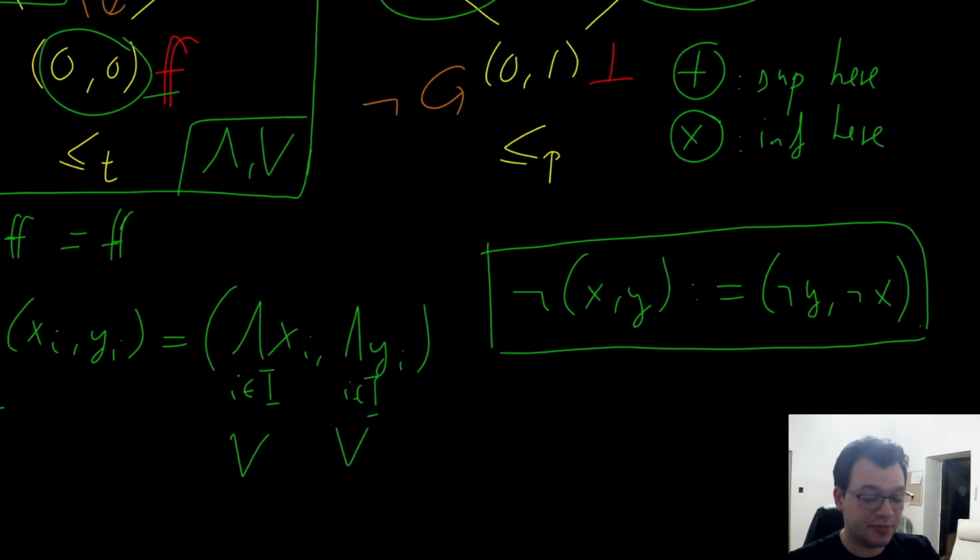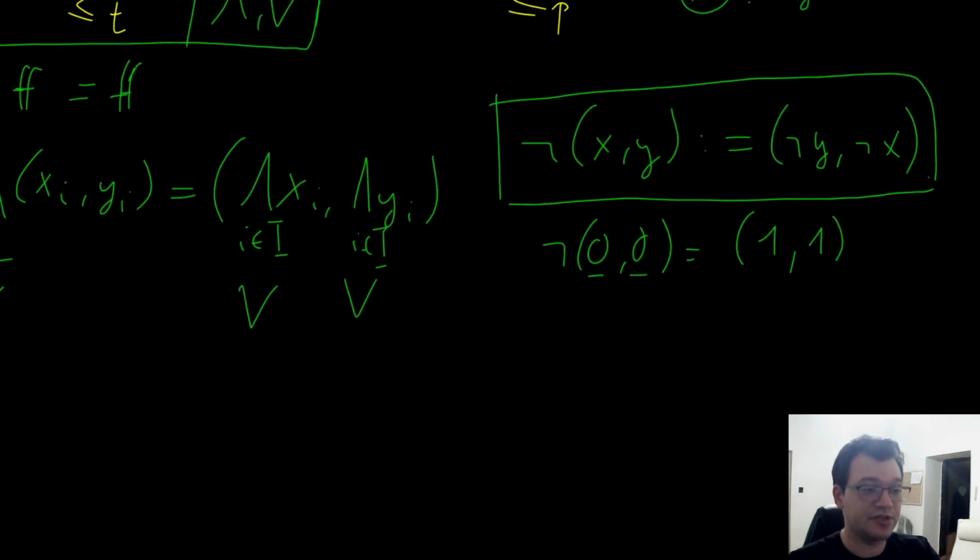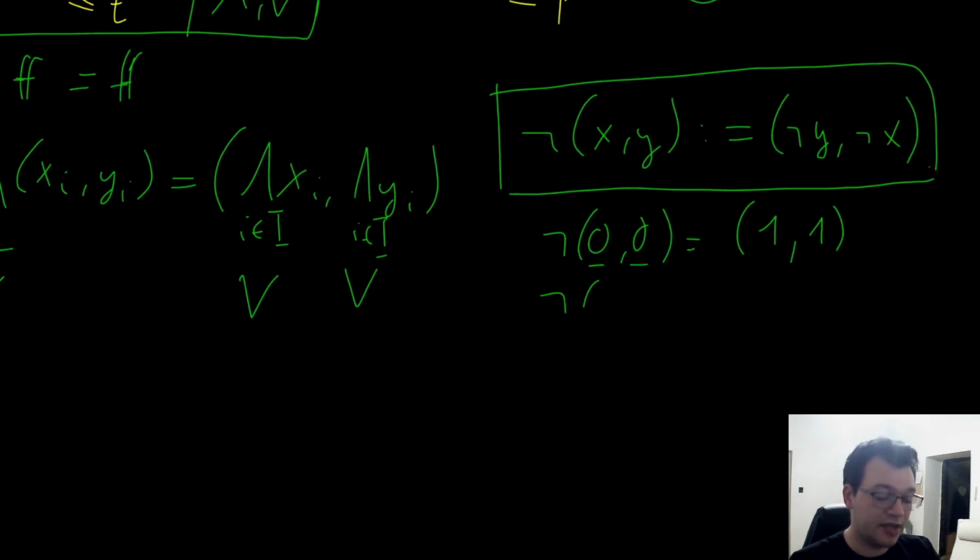For example, for the negation of 0, 0, you have to negate this 0 and then negate that 0. So negated 0, 0 is 1, 1. Again, negated 1, 1 is the negation of the second coordinate, which is 0, and the negation of the first coordinate, which is 0. That's fine. So not true is false, not false is true.